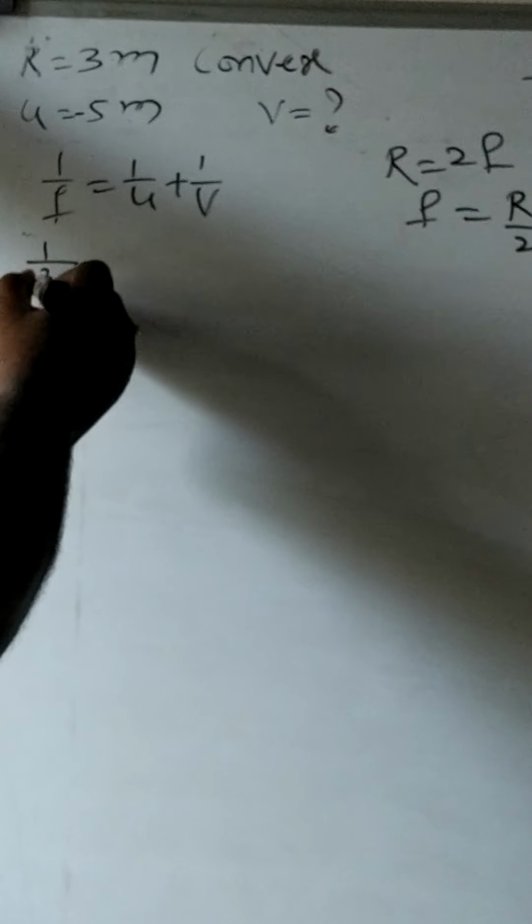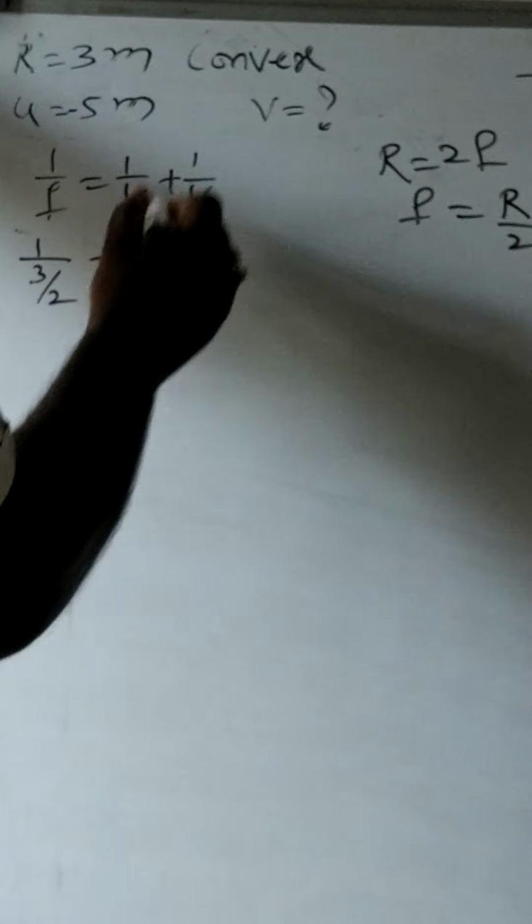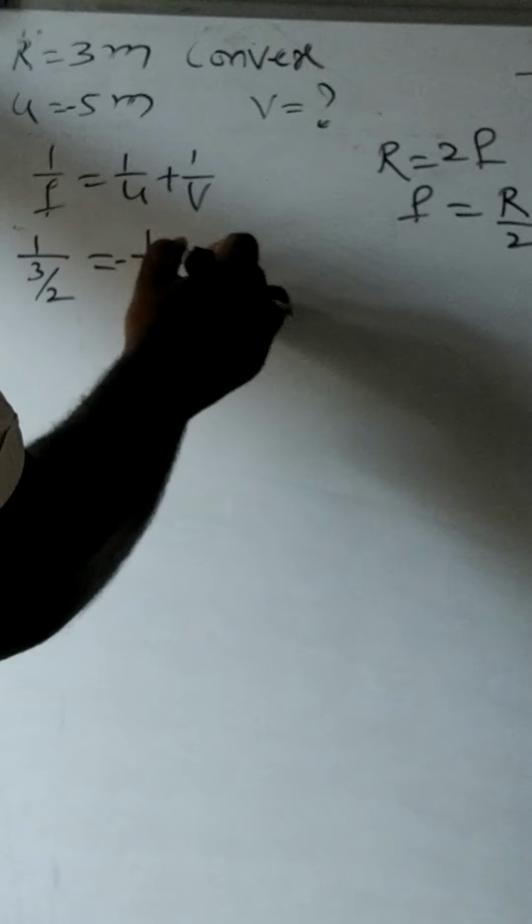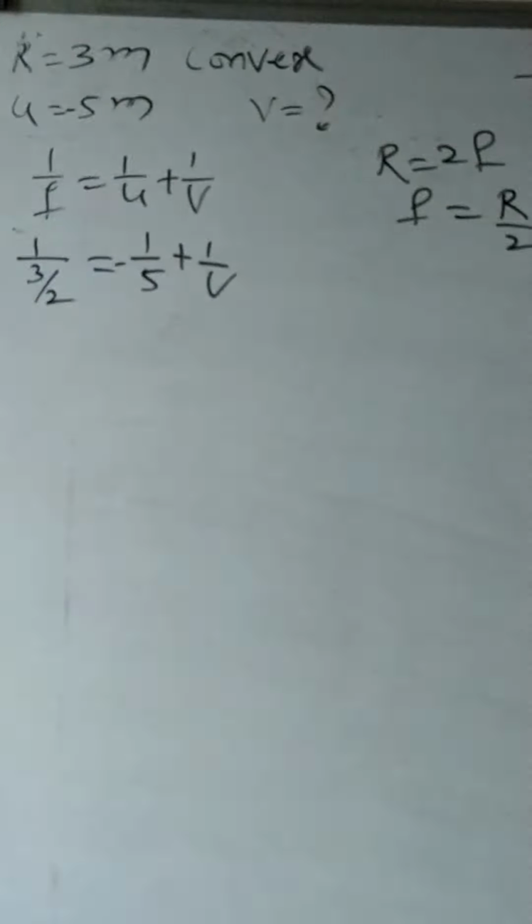Next, substitute in this formula. 1 by F, nothing but 1 by 3 by 2, equals 1 by U. U means minus 5, so minus 1 by 5 plus 1 by V. So 1 by 3 by 2 is nothing but 2 by 3. So 2 by 3 equals minus 1 by 5 plus 1 by V. Take minus 1 by 5 to this side. So 1 by V equals 2 by 3 plus 1 by 5.